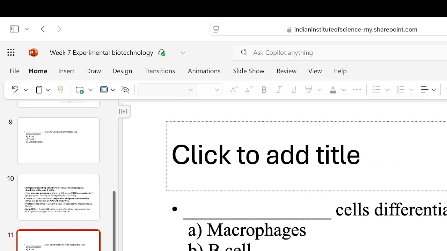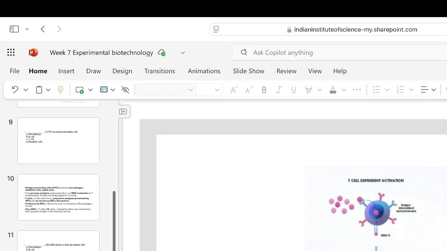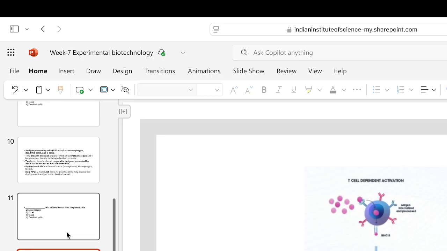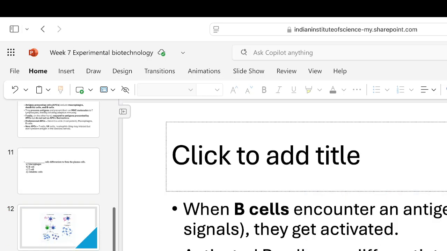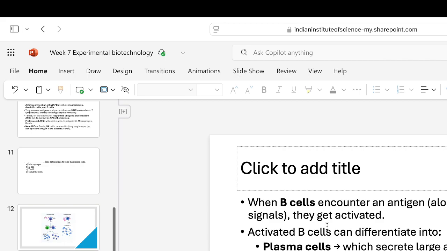So that's how B cells can differentiate to form plasma cells. This is just a textual version of the same. The activated B cells, like we saw in the figure, can either secrete antibody or provide long-term immunity, depending on how they mature into plasma cells or memory B cells.